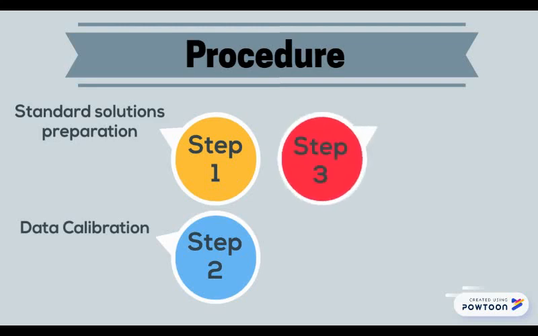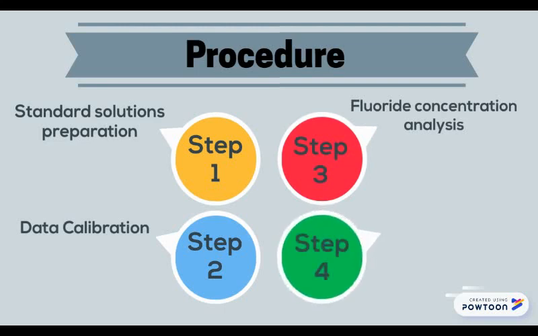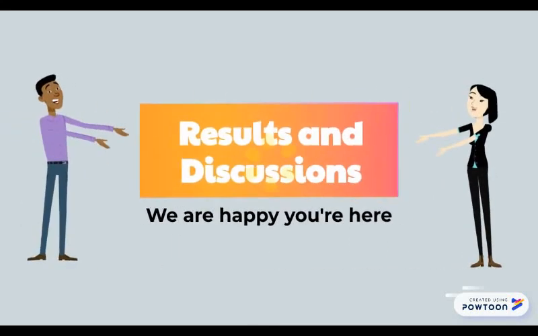After data calibration, analysis of fluoride concentration in different water samples is performed using the combination fluoride ion electrode. The last step would be the conductivity measurement of the water samples at two different temperatures, the ambient temperature and the refrigerated temperature. Next, we will talk about the results we obtained from the experiment.